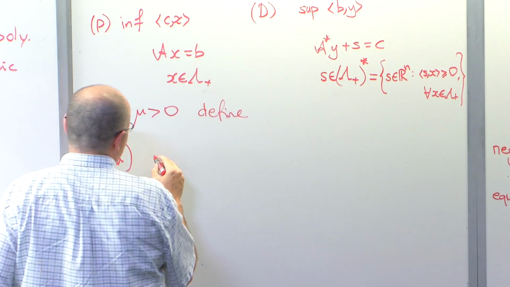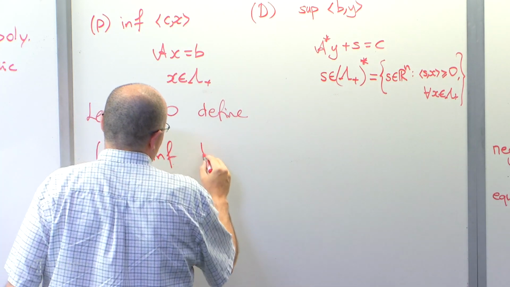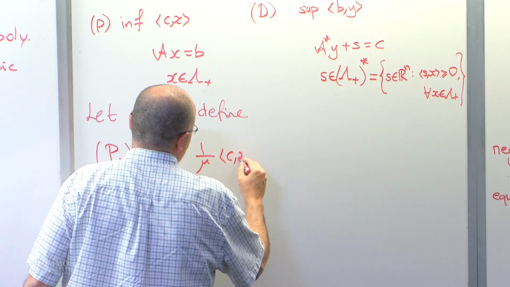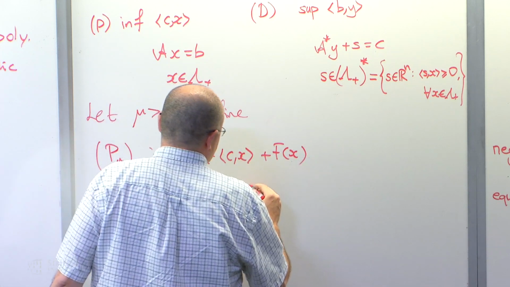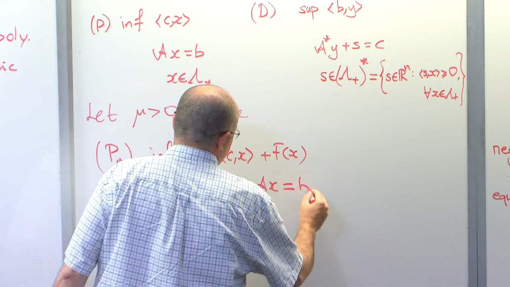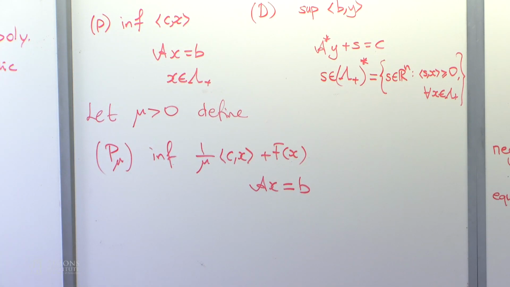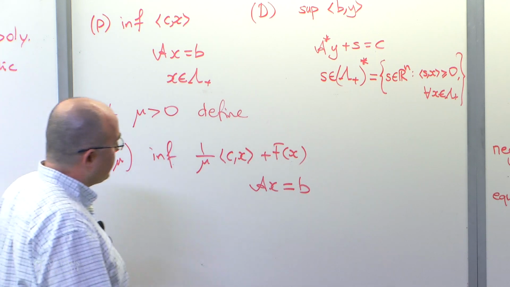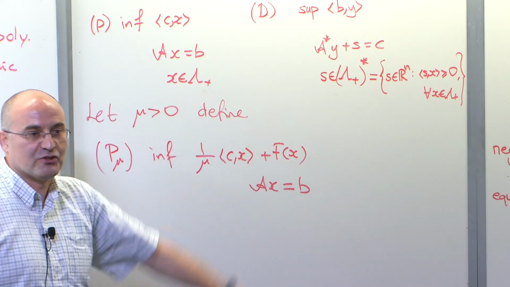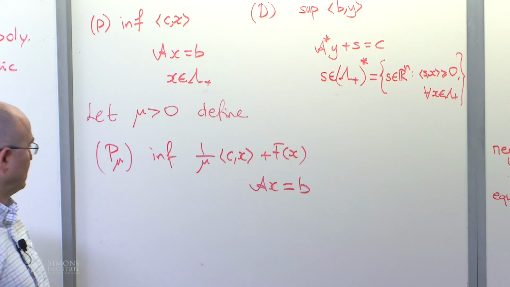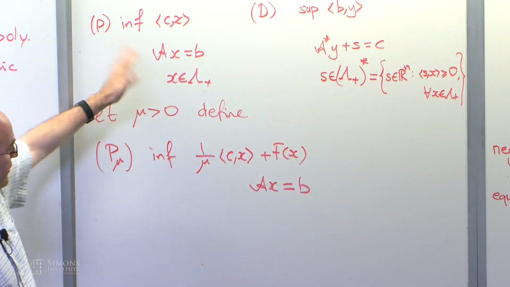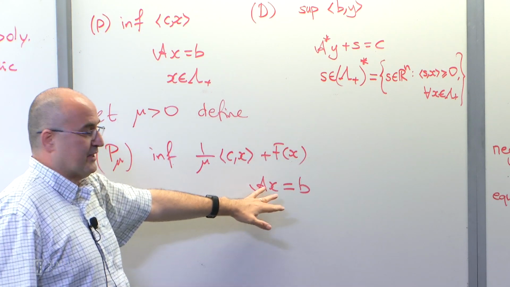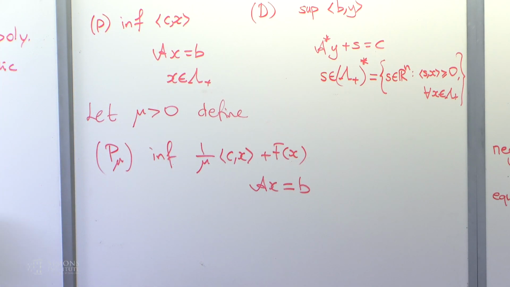Let's call it P mu, which is to find the infimum of 1 over mu Cx plus f of x subject to Ax equals b. So since the domain of f is the interior of the hyperbolic cone, I can just ignore that difficult constraint when I do this minimization, because this function is plus infinity everywhere else, and I already know that there are feasible solutions x0.